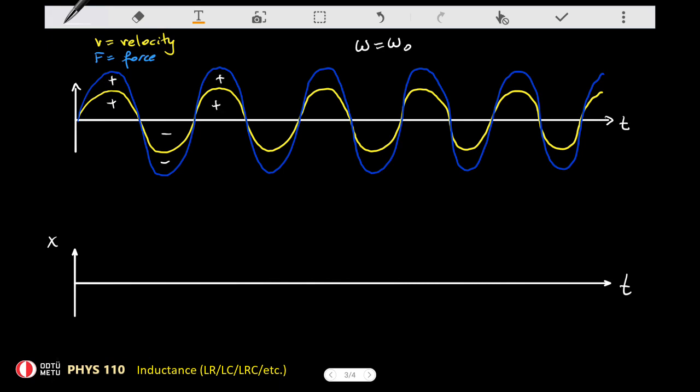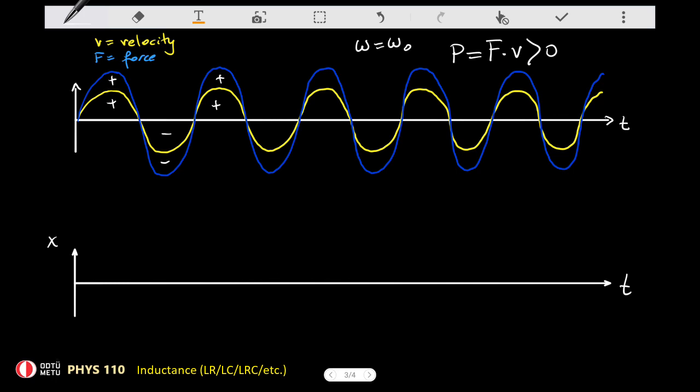So this never changes. As a result, for this kind of situation, the power that the force gives to the oscillator, that's essentially the energy given by this external agent to the oscillator, is always positive, right? Which means the oscillator is always given energy. By using this fact, we can then plot how the position is going to look.